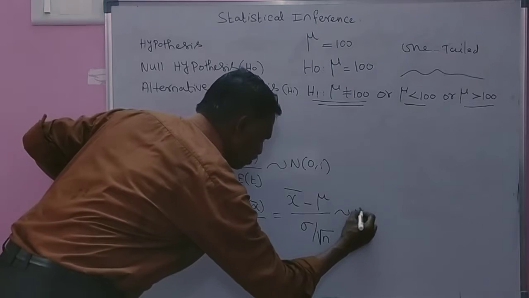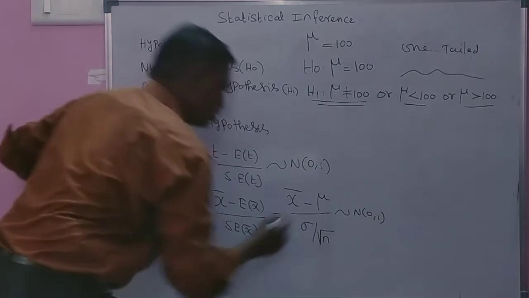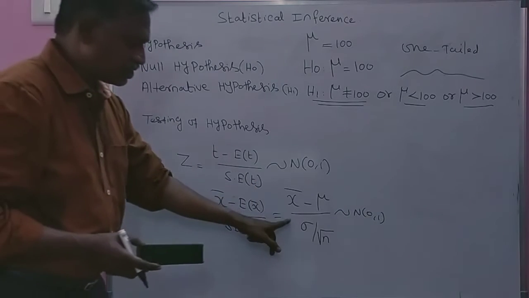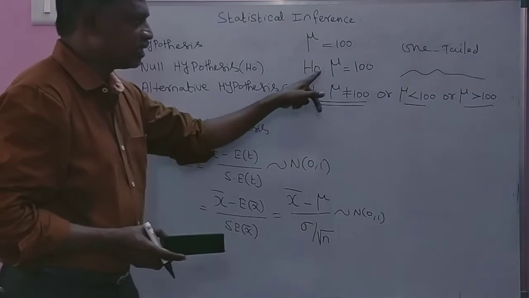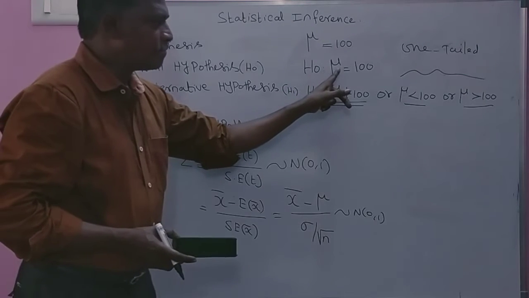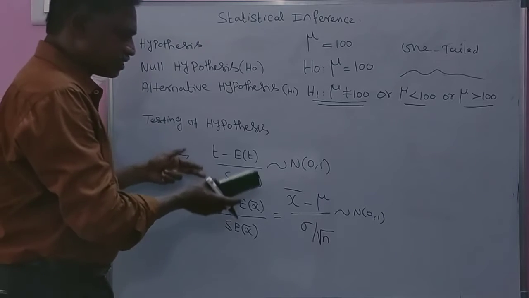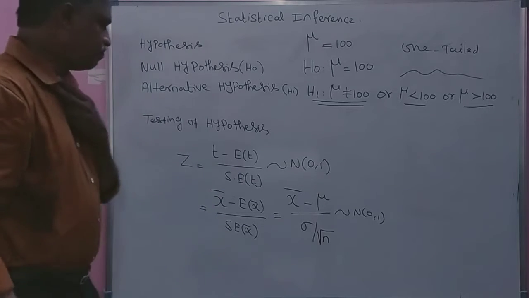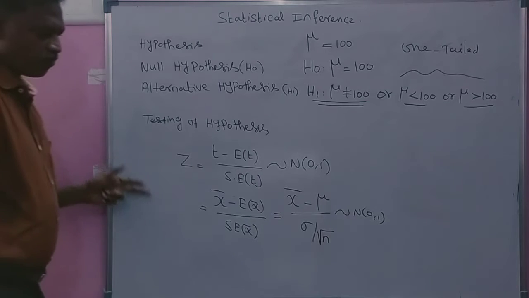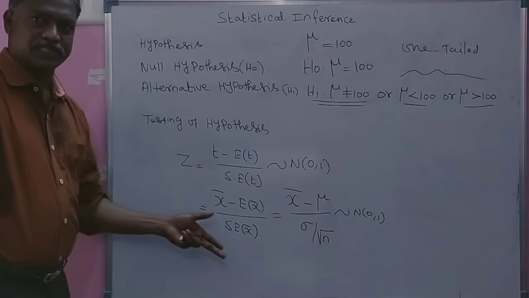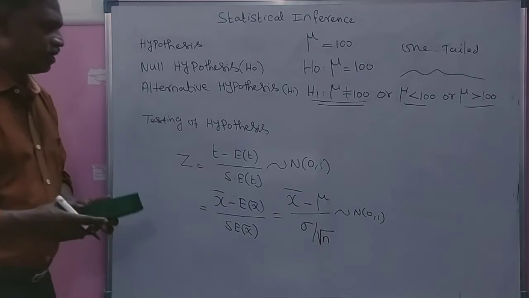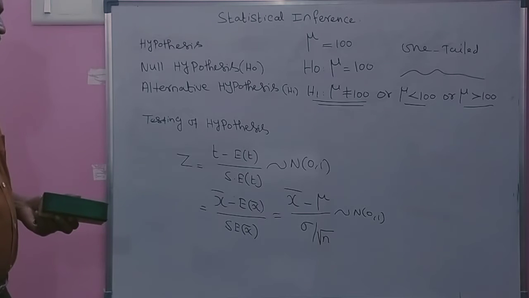This follows normal 0, 1. So this is the test statistic for testing the hypothesis about the population mean mu. Similarly, we can construct several statistics.